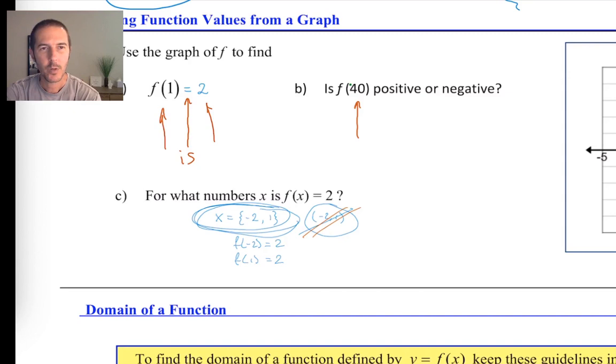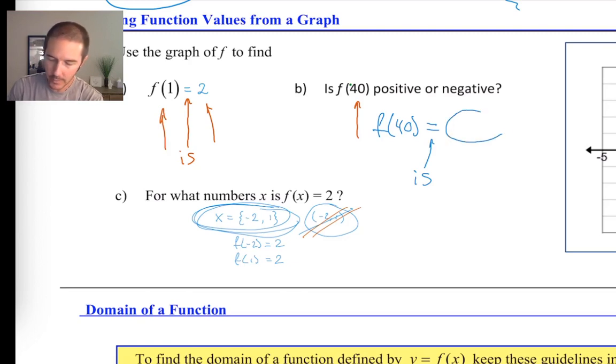Is f of 40 positive or negative? If I were going to answer that question with a sentence, I would say f of 40 is, and they want to know, is this number over here going to be positive or negative?